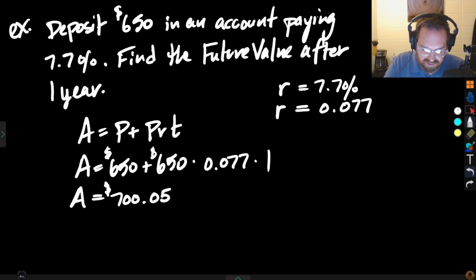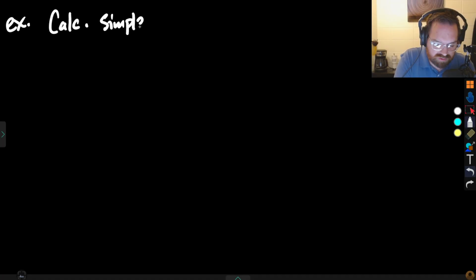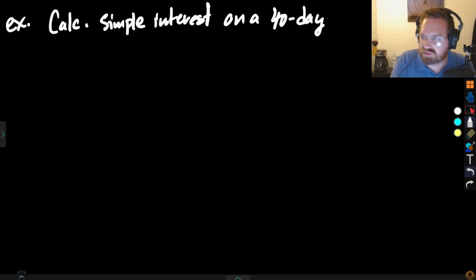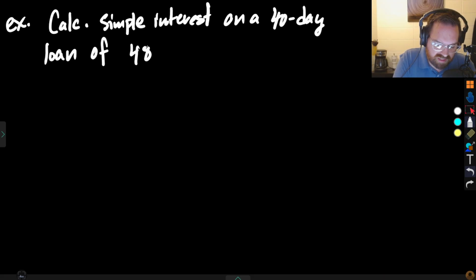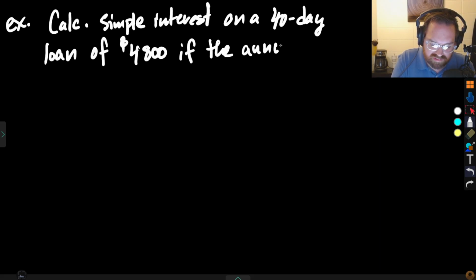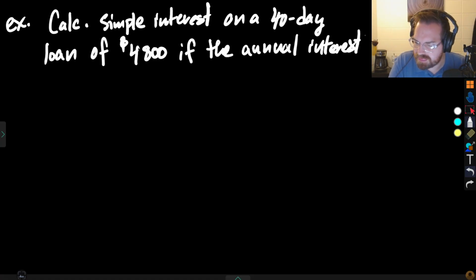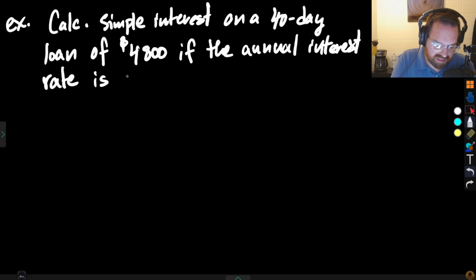All right. Let's do another one. Calculate the simple interest on a 40-day loan of $4,800 if the annual interest rate, so they give us the rate, so that's nice, is 9%.